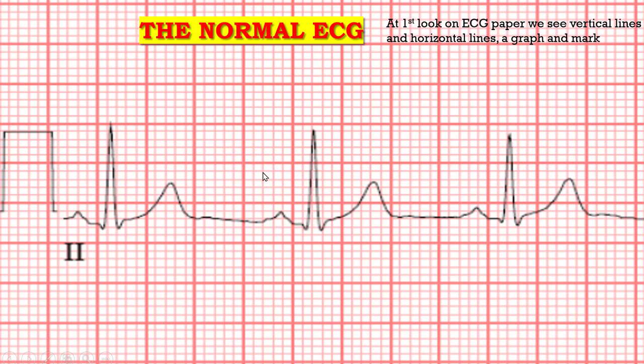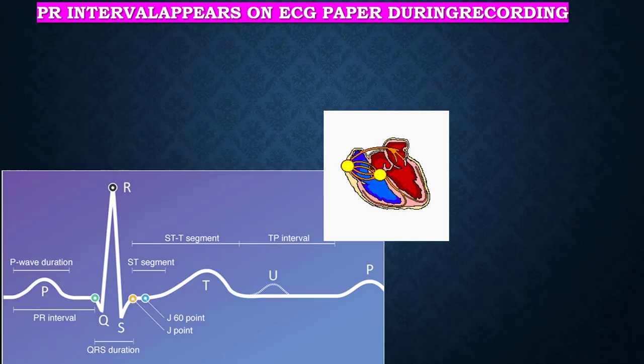And this is one PQRST complex which records the complete cardiac cycle in which depolarization and repolarization of the heart occur.